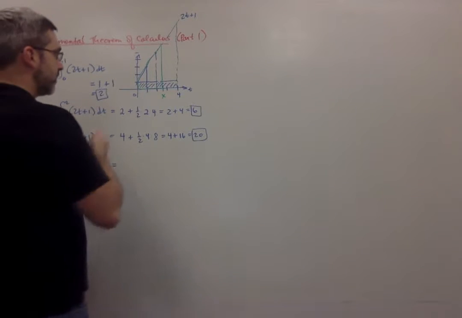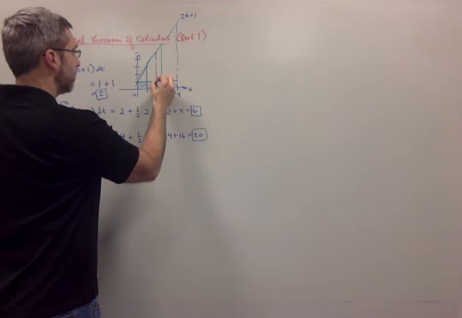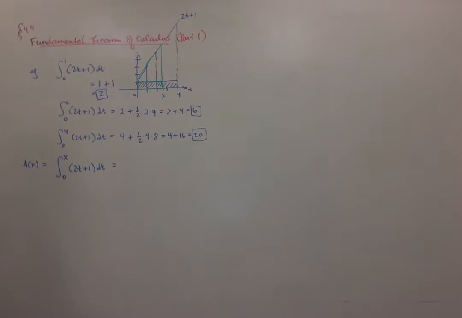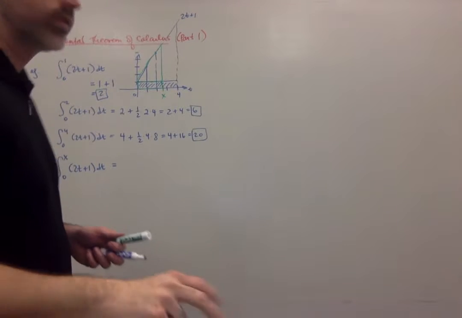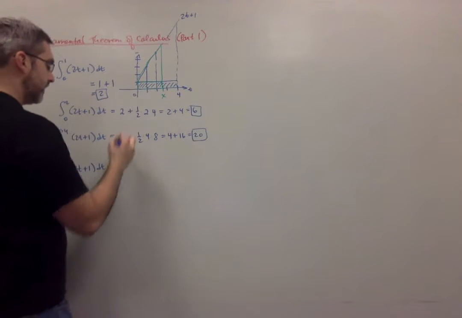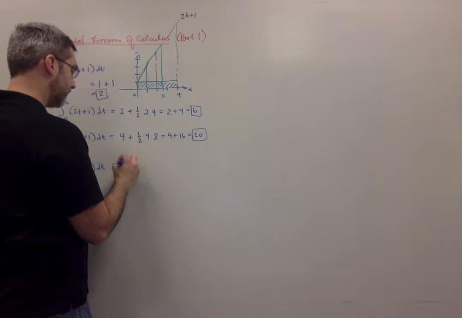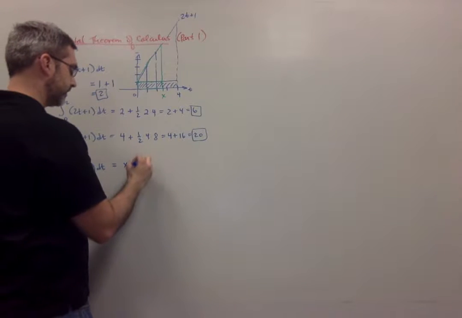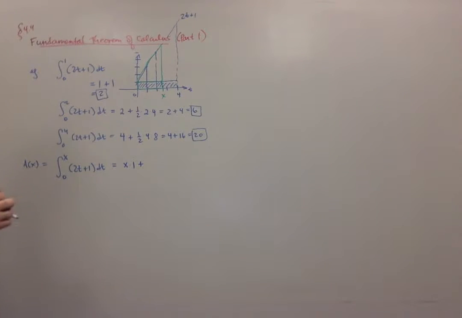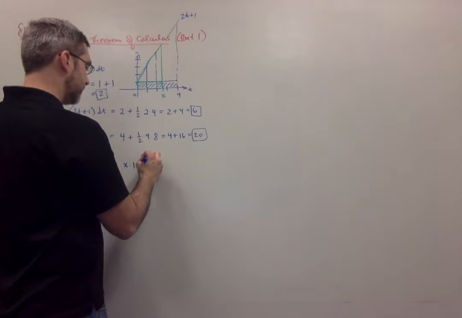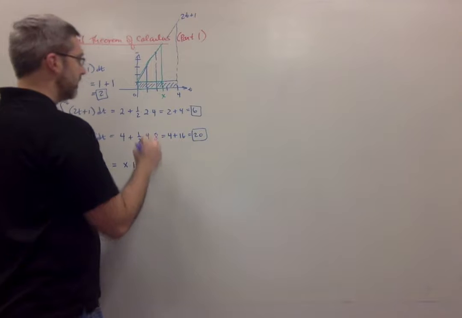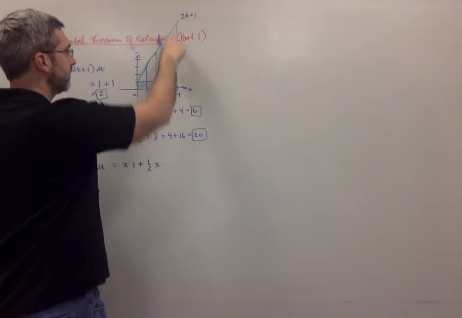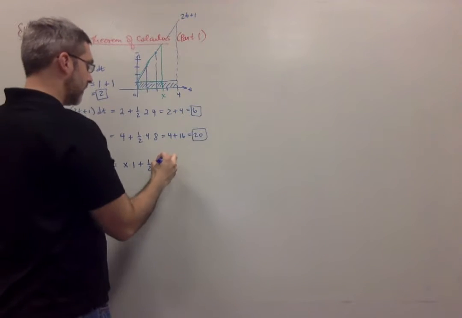I'm still going to break it apart as a rectangle and a triangle. The rectangle here is going to have length x and height 1. And then the triangle is going to be 1/2 base times height. Now the base is x, and the height, if I go over x, because this has slope 2, I'm going to go up 2x.